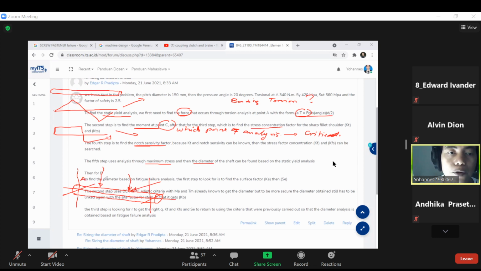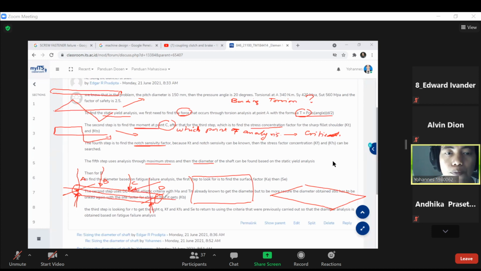For example, we have points A, B, C, and D here. So here we have the reaction force. Then we have to find the torque diagram and bending moment diagram in the vertical plane and on the horizontal plane. Because we have two directions for bending moment and torque diagram, we have to find the resultant from both planes at the critical point.